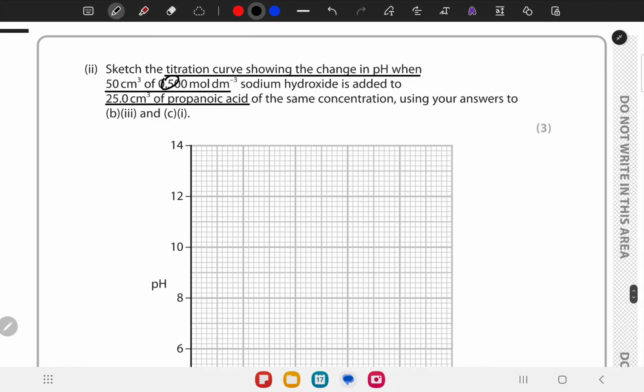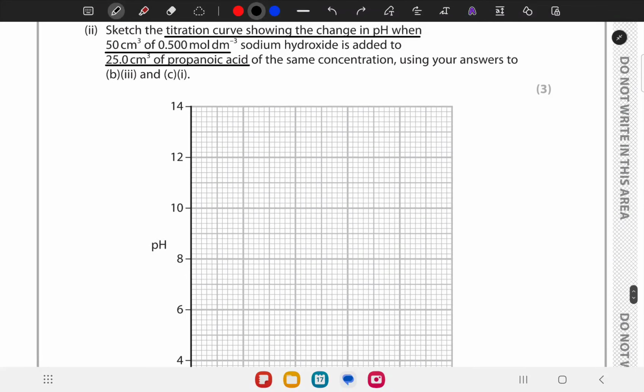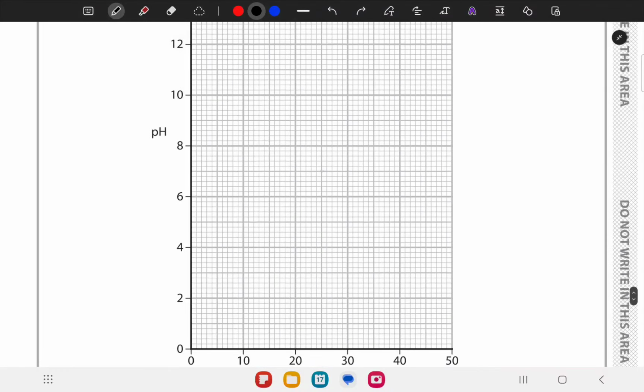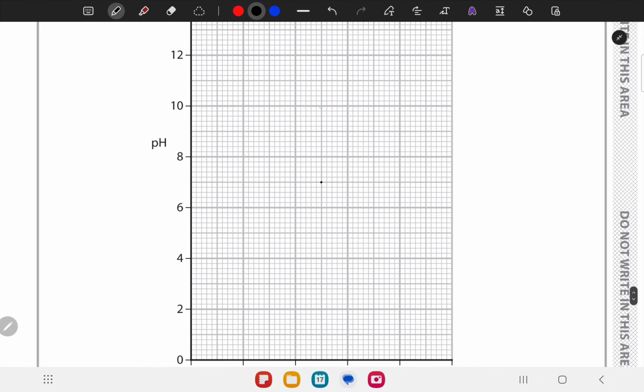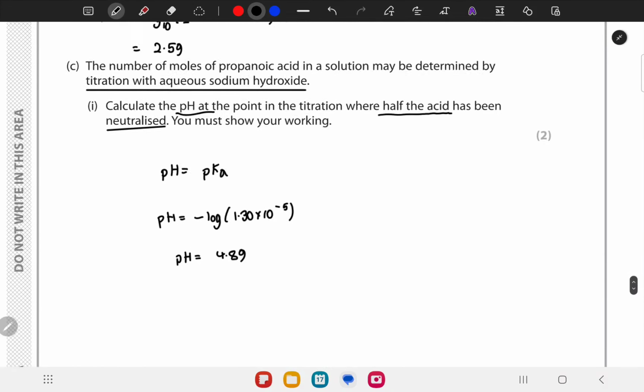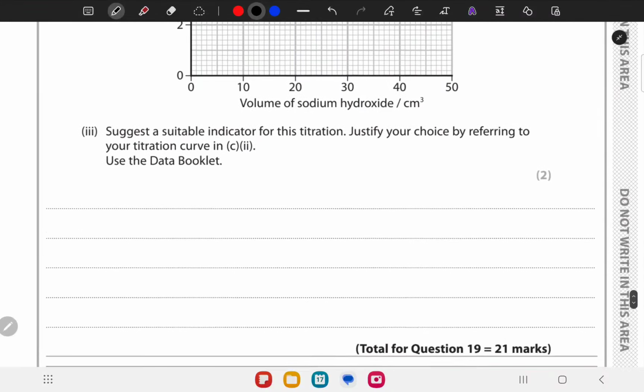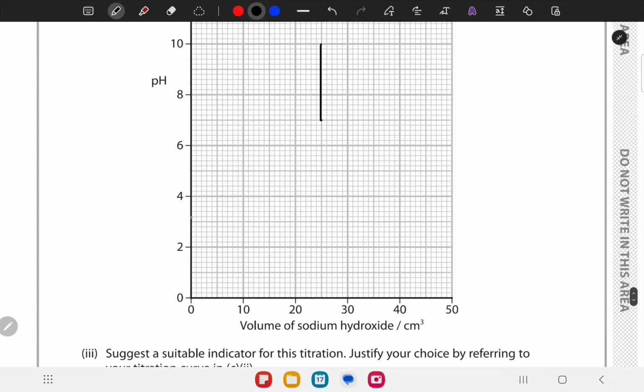Since the concentration is 0.5, our vertical section will be from 7 to 10 since we are adding a strong alkali to a weak acid. So 7 over here, 10 over here, 7 to 10 is our vertical section. Our initial pH is 2.59, so this is 3, this is 2.6.